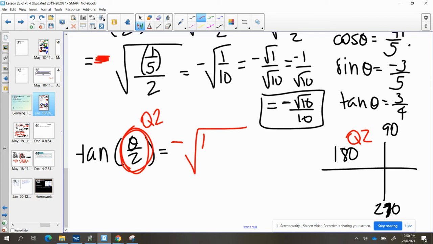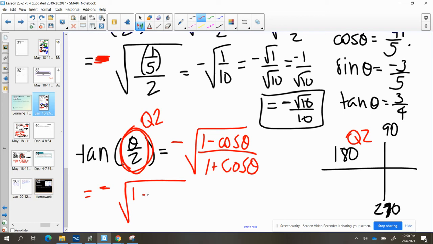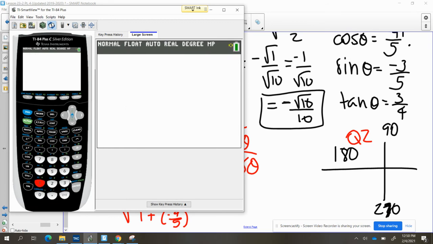And when we look then at 1 minus cosine theta over 1 plus cosine theta, that means it'll be negative. 1 minus negative 4/5 and 1 plus negative 4/5. So 1 plus 4/5, because it's minus a negative, gives us a numerator value of 9/5.